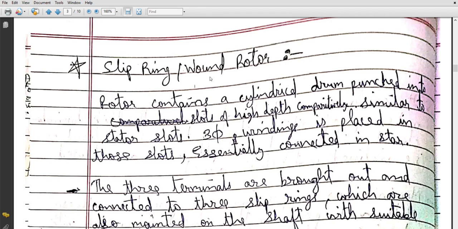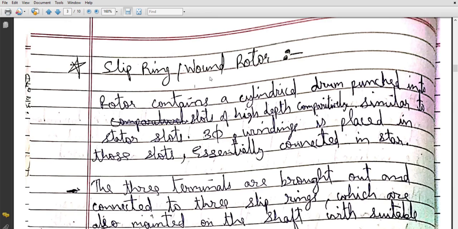So if so many things are not favorable for such a motor, then why are we using this? What is the need? There must be some need, that's why we are studying this. So yes, of course there is a need.